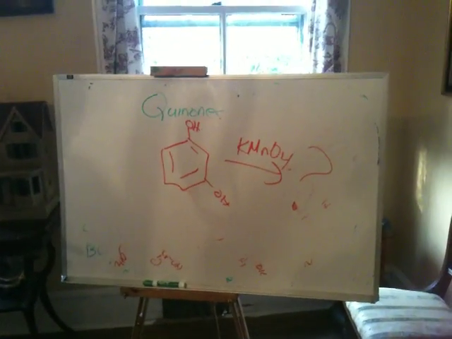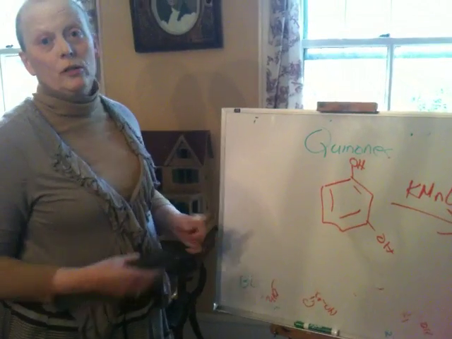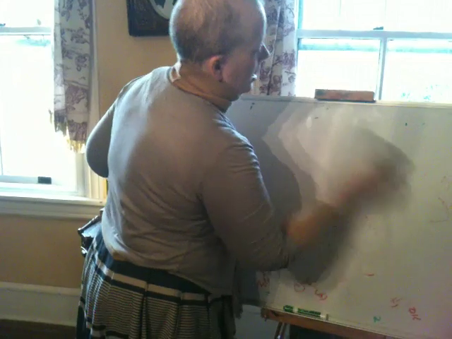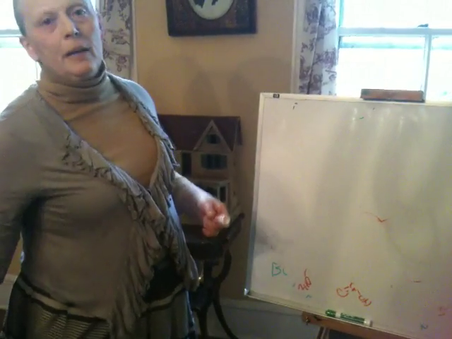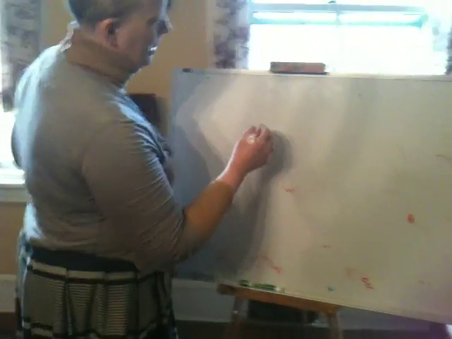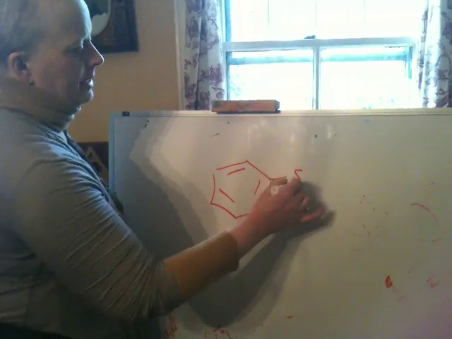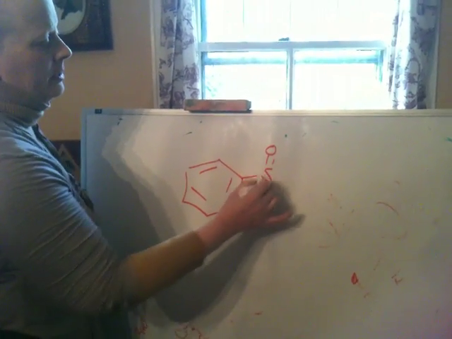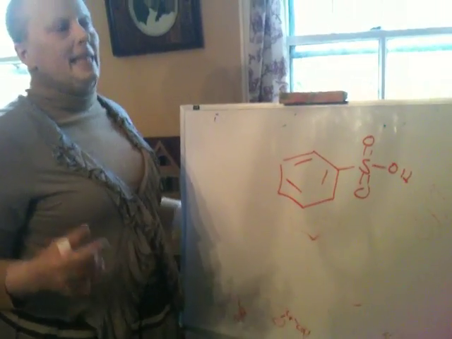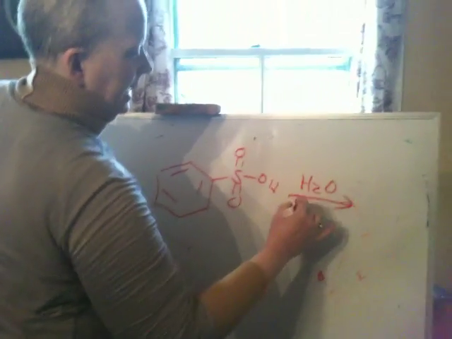Now, the last thing I wanted to talk about to boost what you learned in class is reversal of sulfonation. A lot of people have been asking me about reversal of sulfonation. What I mean by this is, if you have a sulfonate group on the ring, and I'm going to keep this relatively simple here, what is the process when you add water and acid?